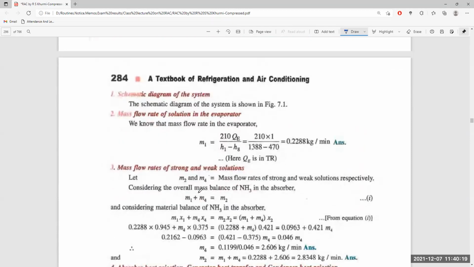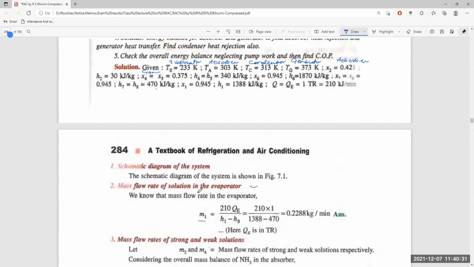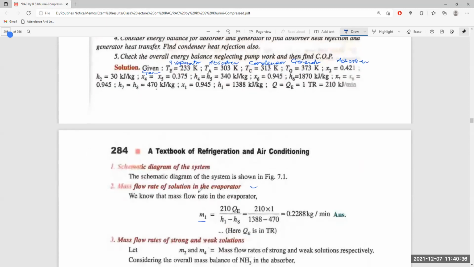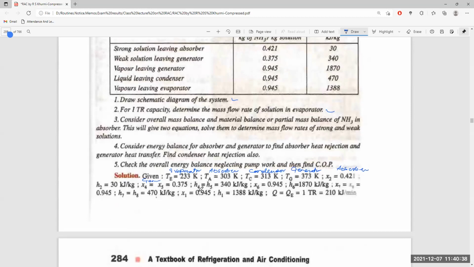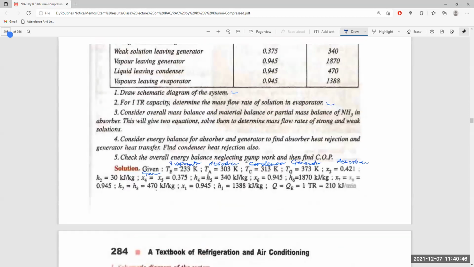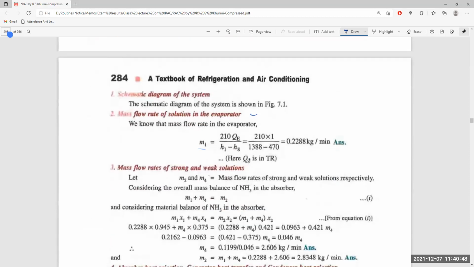The mass flow rate of the refrigerant in the evaporator is given by m1 = Q / (H1 minus H8), the refrigerant capacity divided by the enthalpy of vapor leaving the evaporator minus the enthalpy of liquid leaving the condenser, 470.